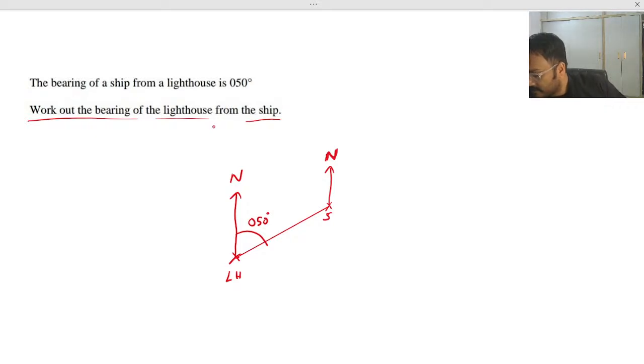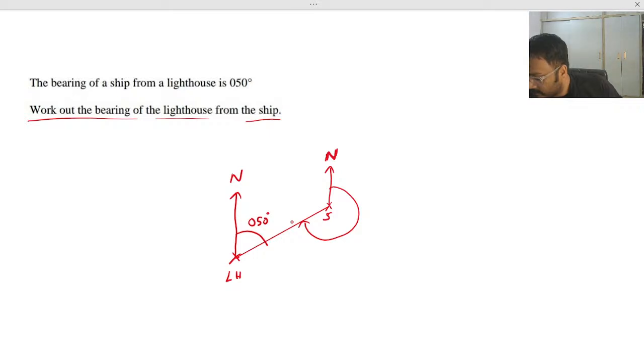Let's see what is the answer. Bearing of the lighthouse from the ship. So basically, you need to find this angle. Who will say the correct answer? Let's see. Some people are saying 310. Purandar is saying 310.